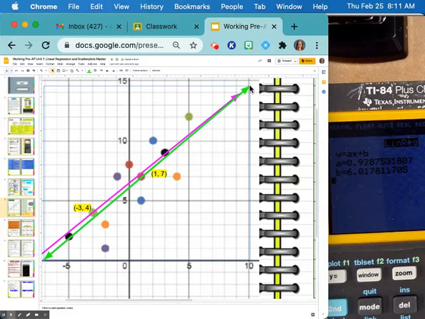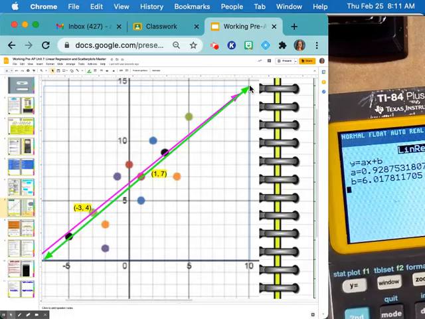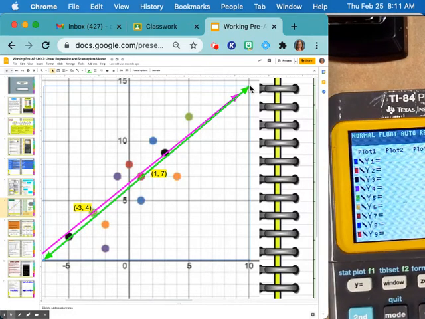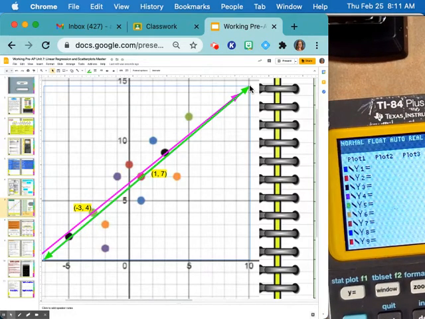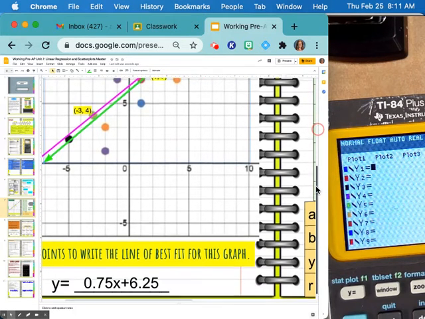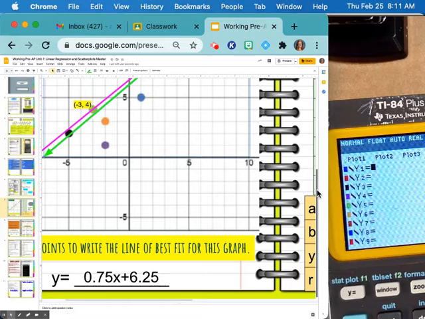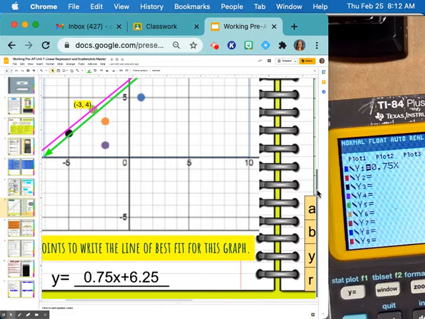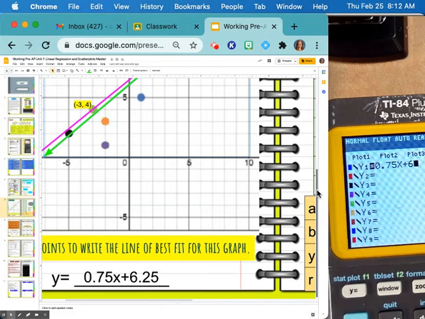But let's look in our calculator, and we can do the same thing, but in the calculator. So we'll go to y equals, and we'll put in the 2 lines that we have. So our first line is our trend line that we made: 0.75x plus 6.25.